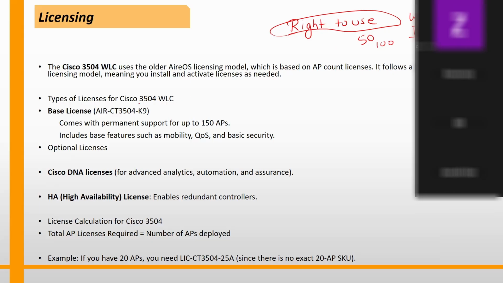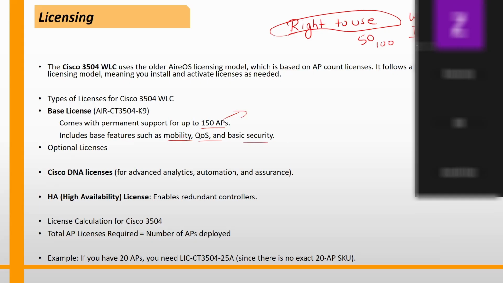Types of licenses for 3504: base license, DNA license, HA license. The base license comes with permanent support for up to 150 APs, and again it depends on the model of the AP. It includes base features like mobility, QoS, and basic security.